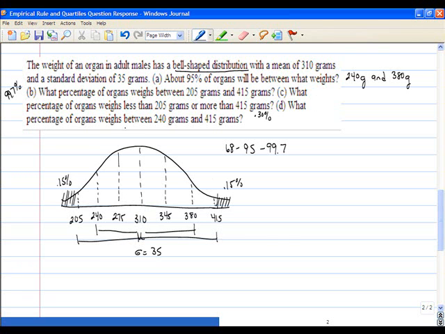And then finally, what percentage of organs weigh between 240 grams and 415 grams? So if we took this half here, we've got 50 minus the 0.15, which gives us 49.85%. This was 34%.